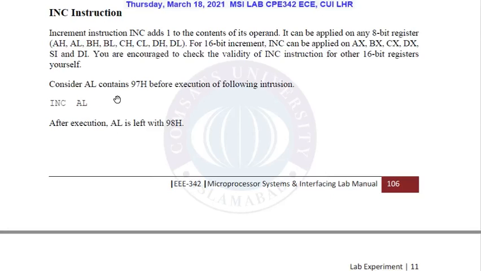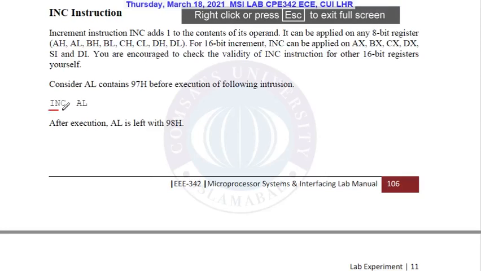So for example, if there is a value of 97H stored in AL before the execution, then after the execution of INC AL, there will be an increment of 1 and the new value of AL will be 98H.